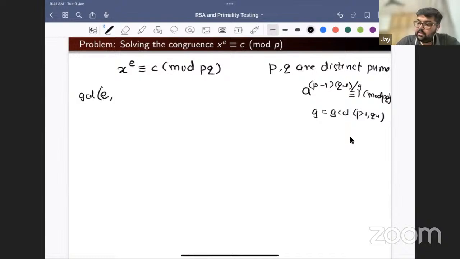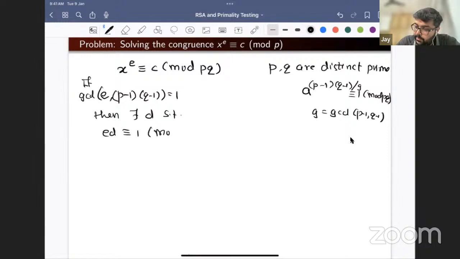Using that, we can conclude that, again, just like previous, if GCD of E with (P minus 1)(Q minus 1) is 1, then it has an inverse. There exists D such that ED is congruent to 1 modulo (P minus 1)(Q minus 1). And if it has an inverse, then we can find the solution.